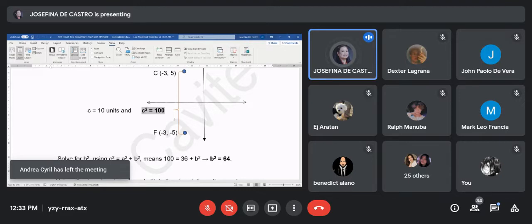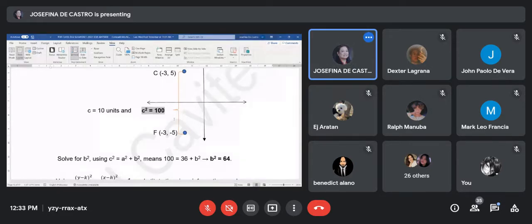From center to one co-vertex, yun po ay B, semi-conjugate axis. Kaya gagaya niyan, from center to one focus, yan po ay C, focal length, 10 units. Therefore, C squared is equal to 100.